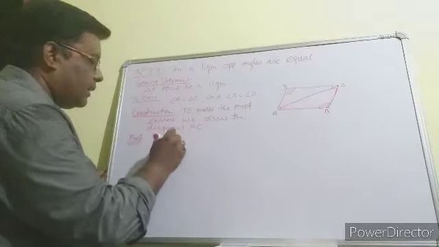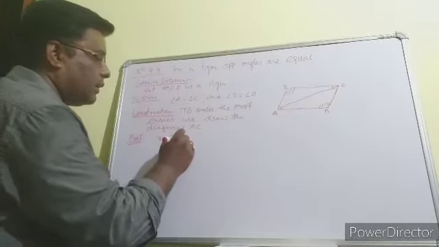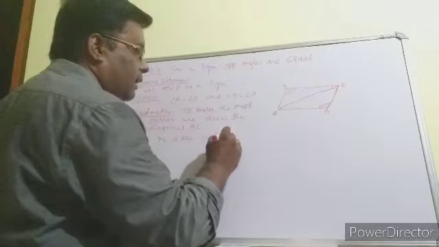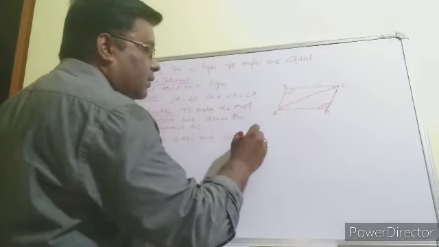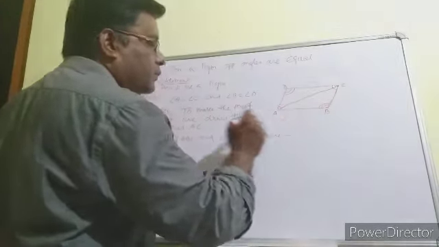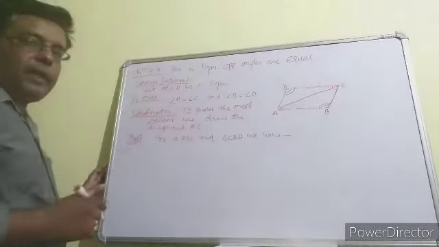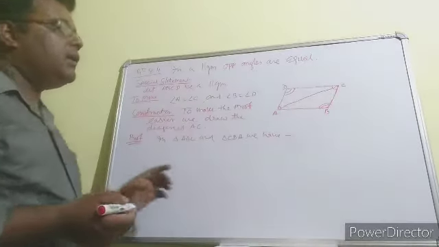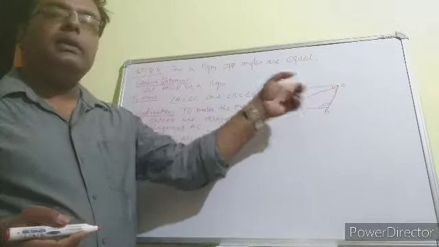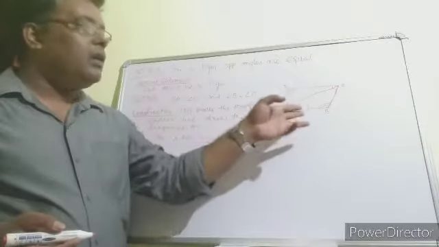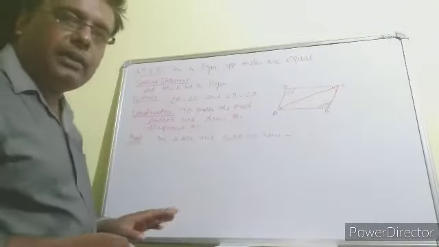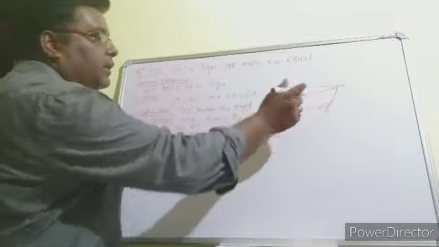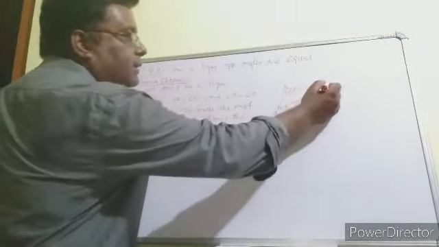So in triangle ABC and triangle CDA we have, in these two triangles, you can use the opposite sides are equal or angles equal. You may use any properties. But here we will write that this angle and this angle are equal.